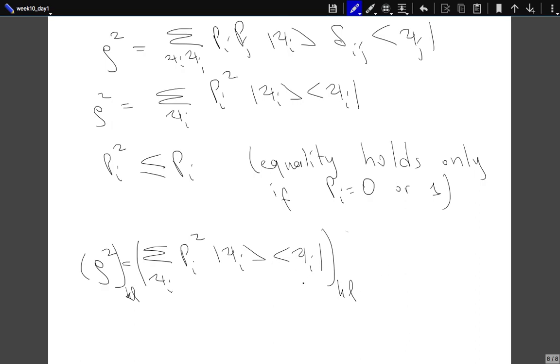Well, the kl element is just pk squared Kronecker delta kl.